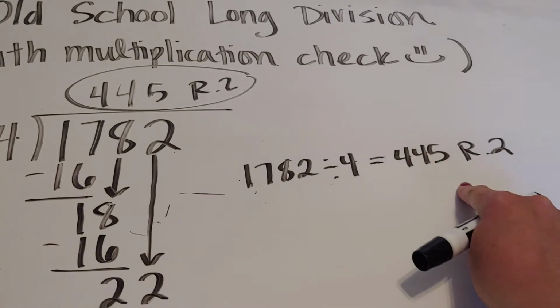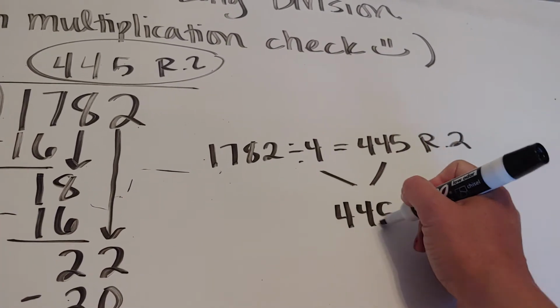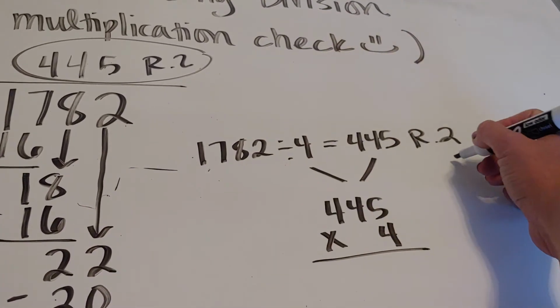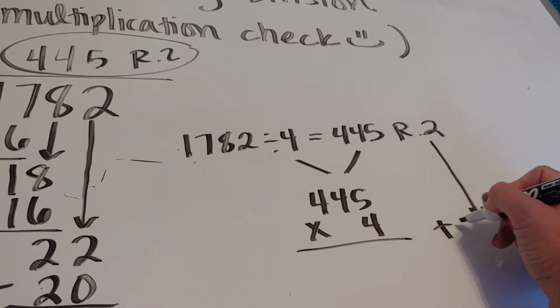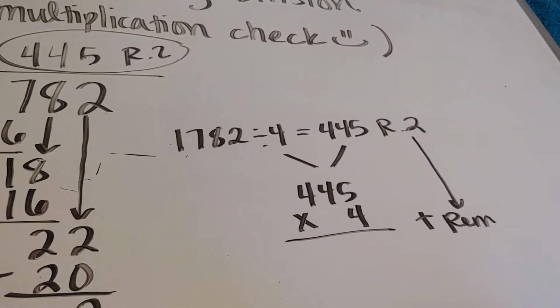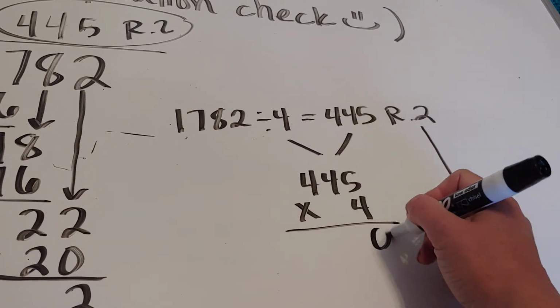So to check your answer, what you're going to do is multiply 445 times 4. So you multiply these two, and then last we'll add the remainder. And what should happen is I get 1,782. So let's see what happens. All right, so 4 times 5 is 20.